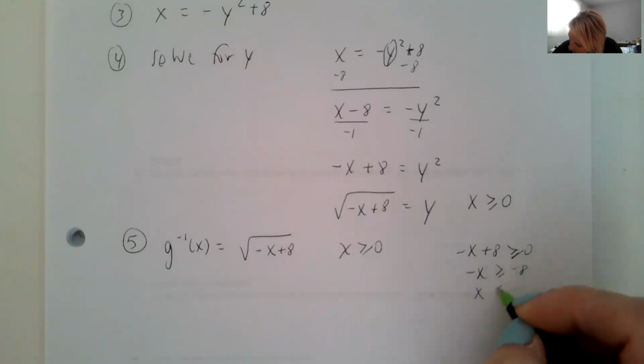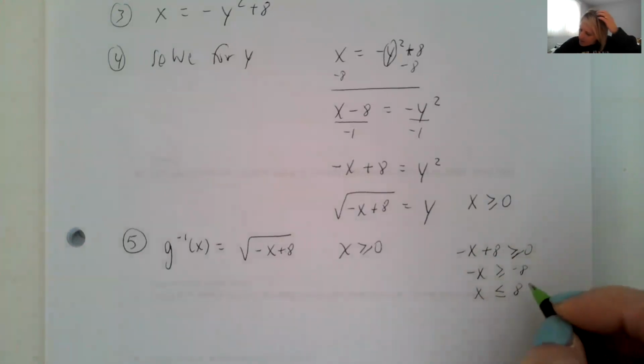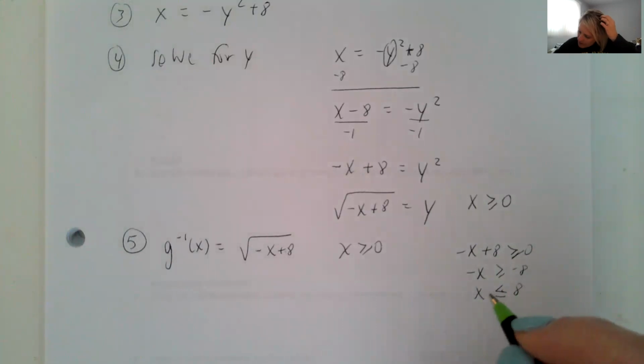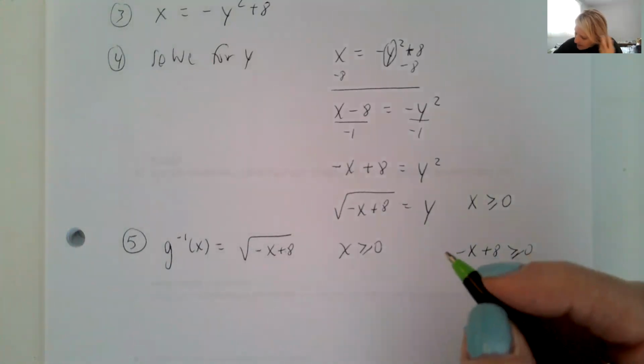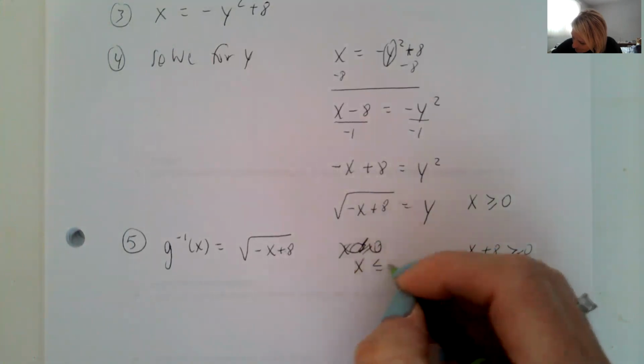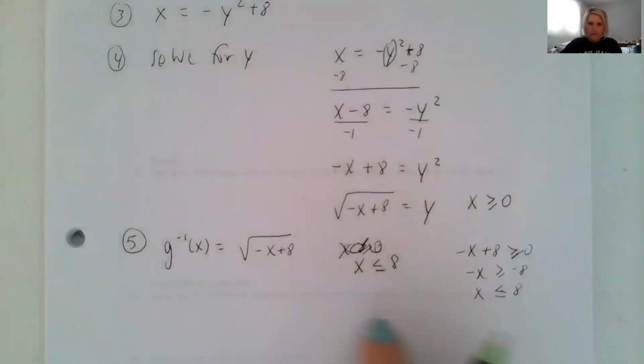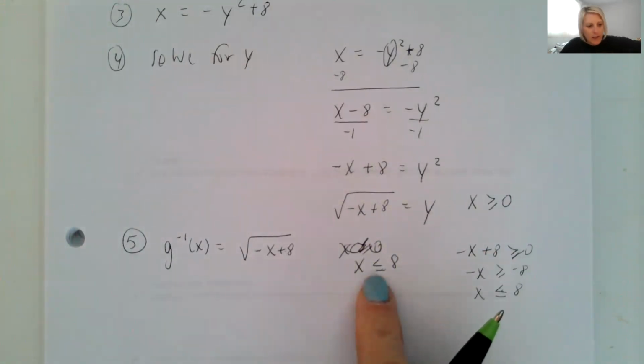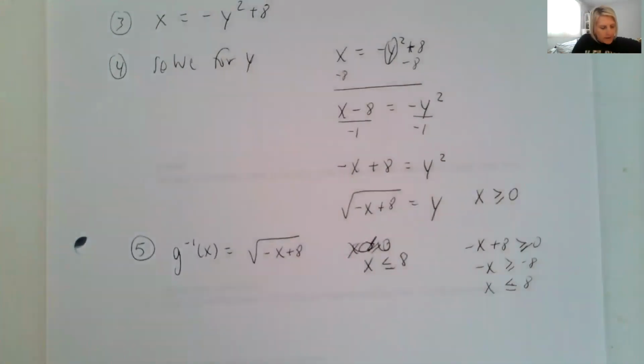We divide by negative 1, then we flip our sign. So x has to be less than or equal to 8. So our restriction is x just has to be less than or equal to 8. That's 41.